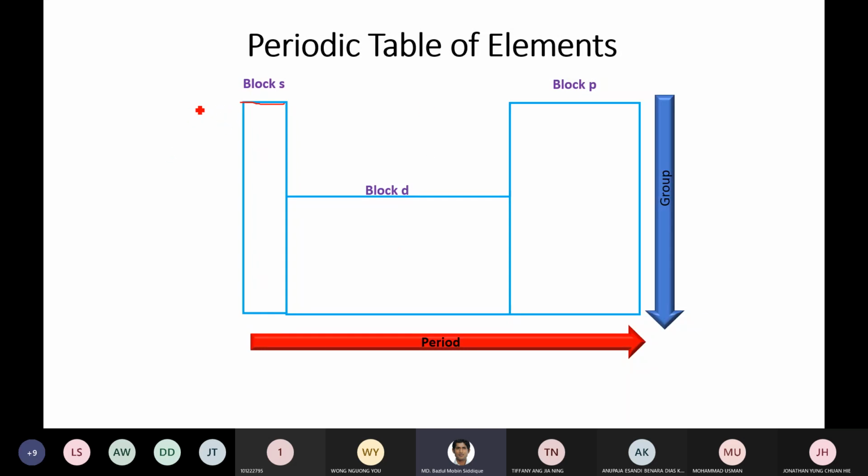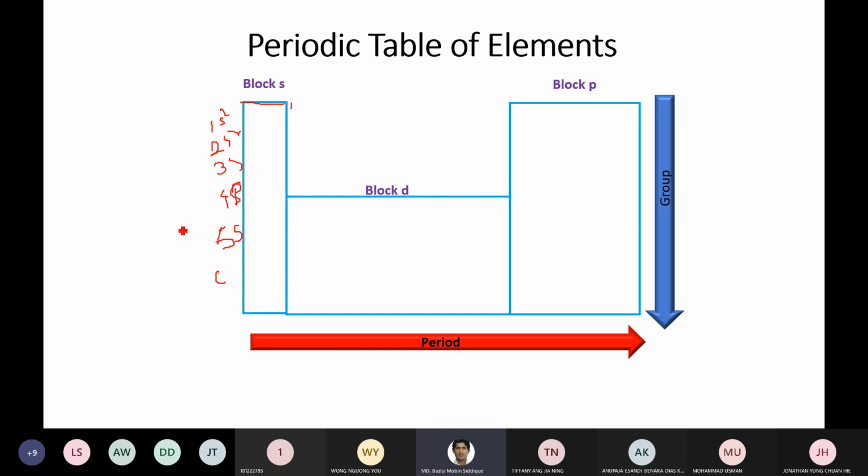So when we go from one block to another, the main difference between them is their valence shell electrons. In the S block, all of them have their electron in an S orbital, not necessarily the same S. Someone will have 1s, another 2s, and then 3s, 4s. As we go down the periodic table, the number of S increases.